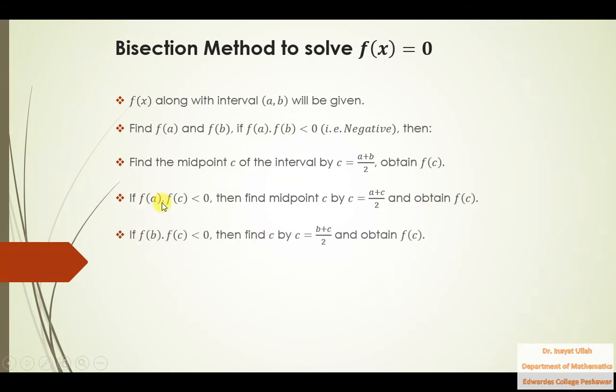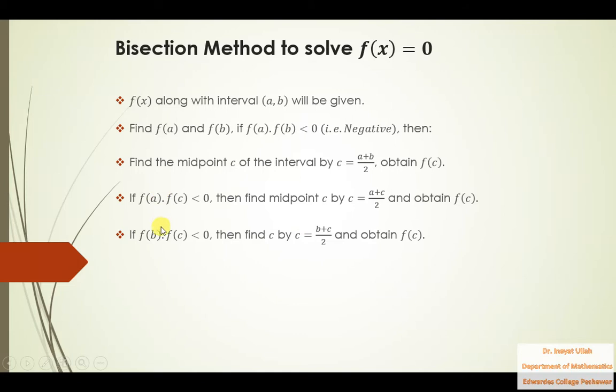Secondly, if this product is not negative, then we multiply f of b with f of c. If the product of f of b and f of c is negative, then the midpoint c will be obtained by b plus c divided by 2, and in the same way we obtain f of c.